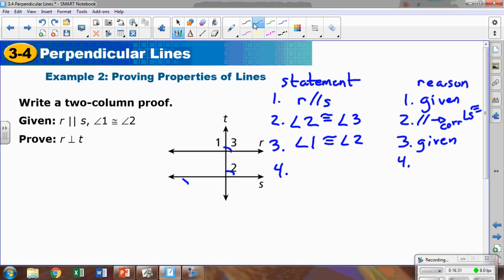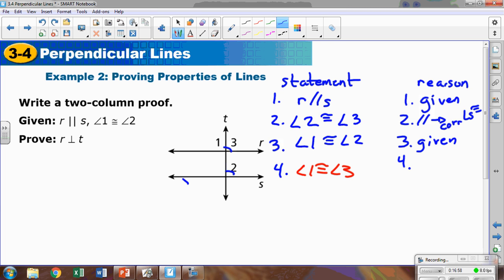You need to recognize 1 is the same as 2, then 2 is the same as 3. So when we take across that bridge, 1 is the same as 2, 2 is the same as 3, we can bridge that and recognize angle 1 is congruent to angle 3.